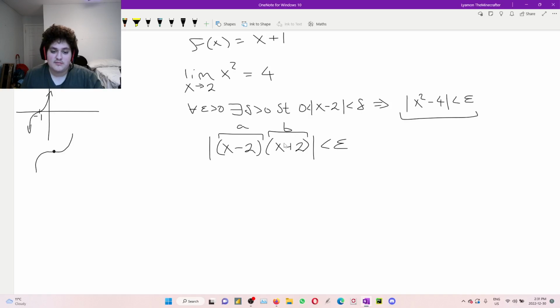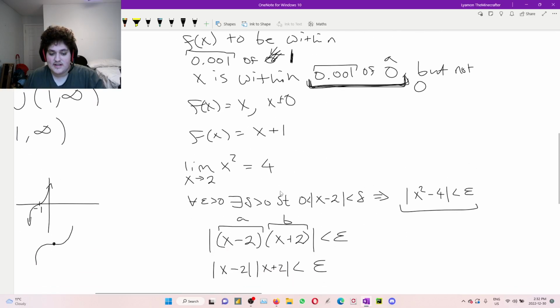When they're multiplied with each other, they're either going to be negative or positive. In terms of the magnitudes, it will always be the same. And then the absolute value will make it positive. So if I write it like this, then we're definitely going to have a positive times a positive. Or if one of them is 0, then the whole thing will be 0 anyway. So this should be the same, right?